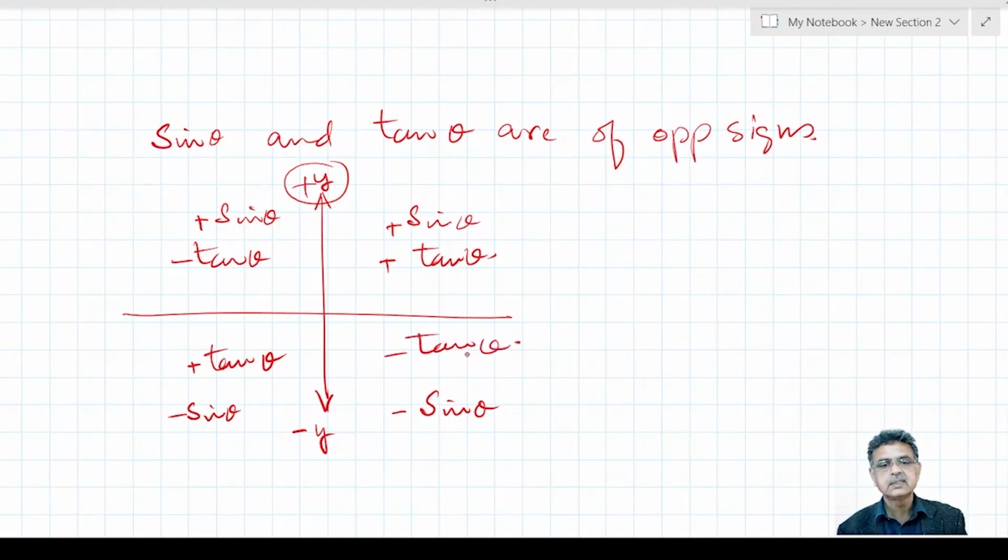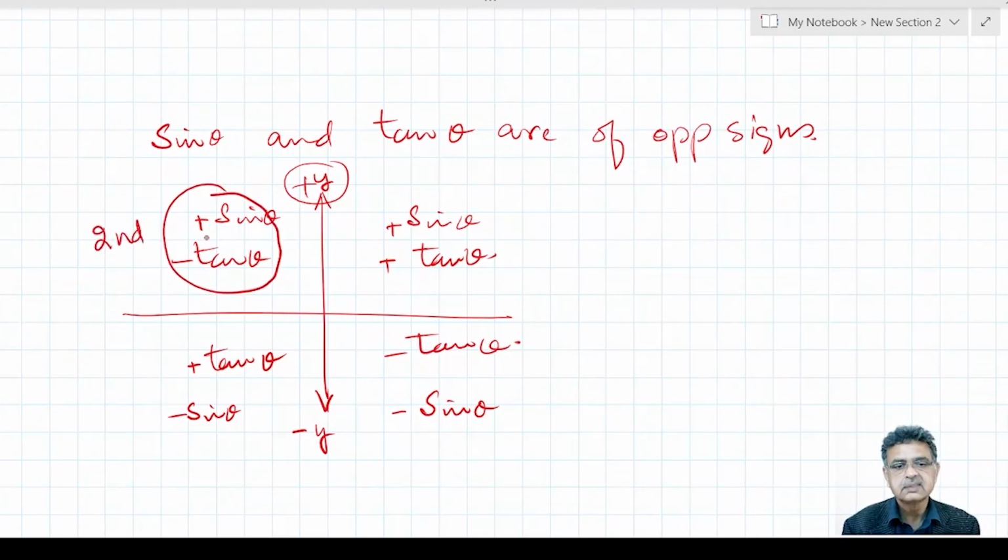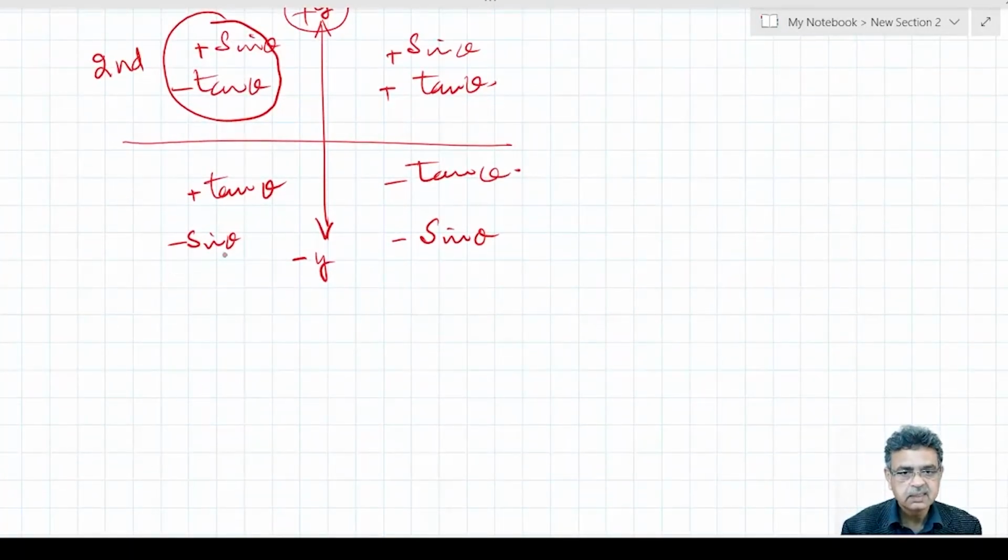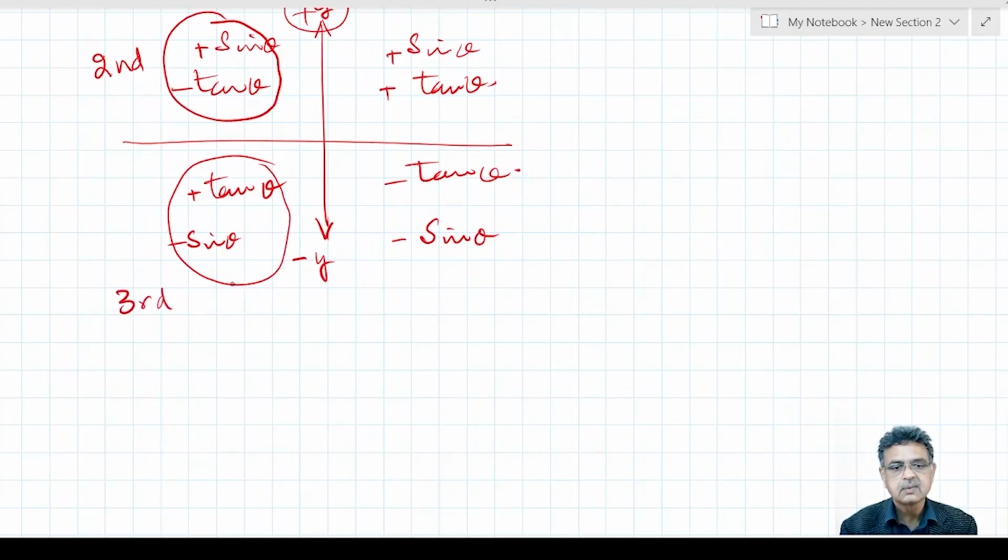Now which two quadrants have opposite signs? So this is one of the quadrants. Second quadrant, sin is positive and tangent is negative. And the other one is here, the third quadrant, where tangent is positive and sin is negative.